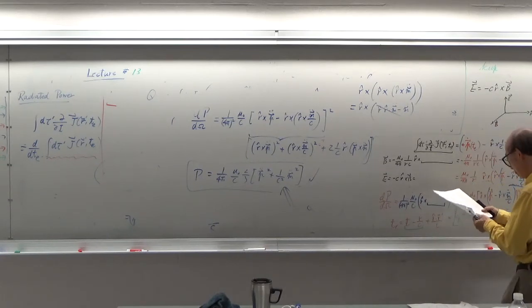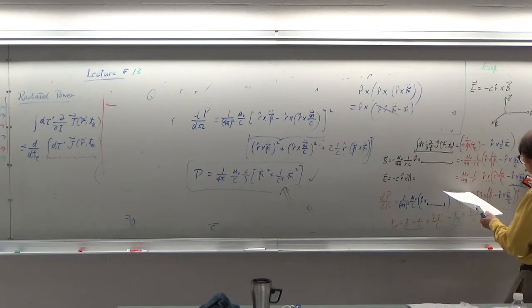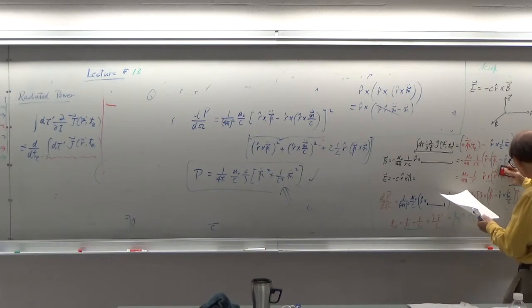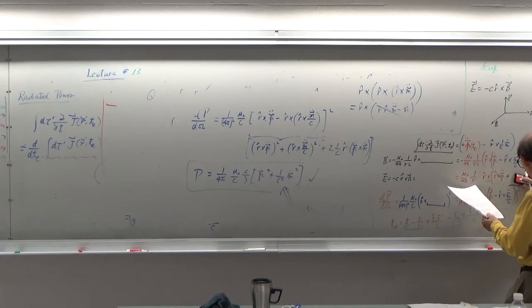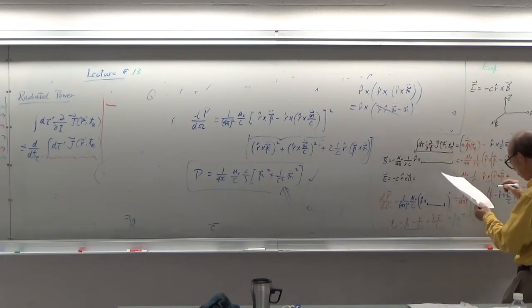E is given by this term, then it turns out that this term is this, cross p dot, plus, I hope the sign is correct, minus, I think I'm right. Yeah. And this term simplifies to this m double dot cross r.